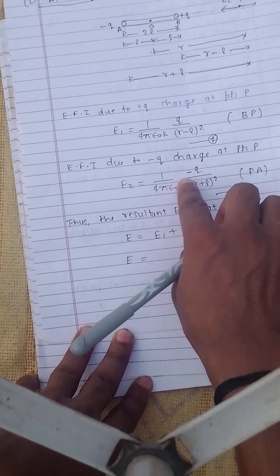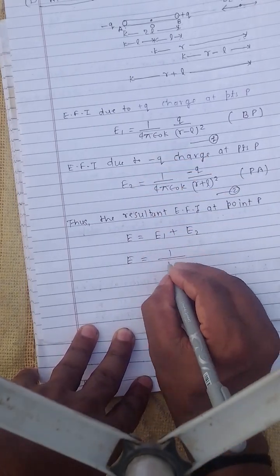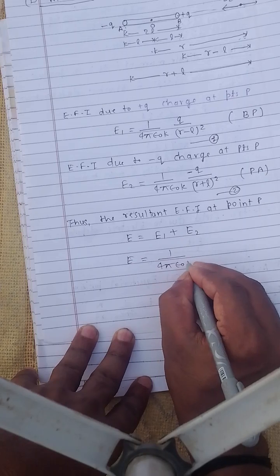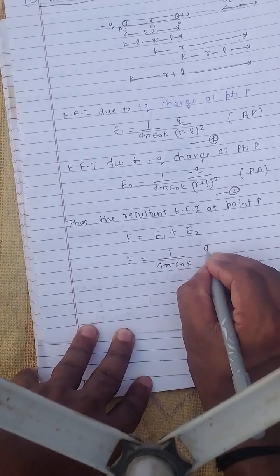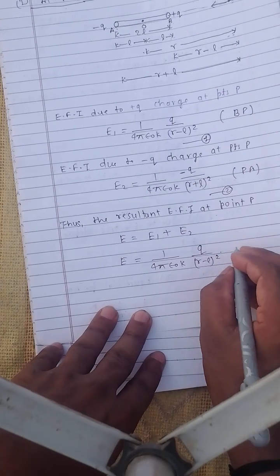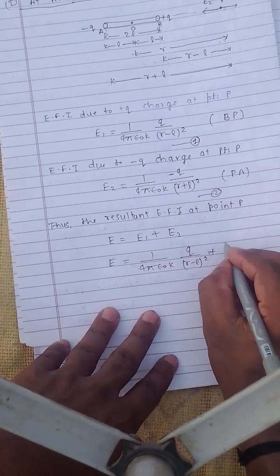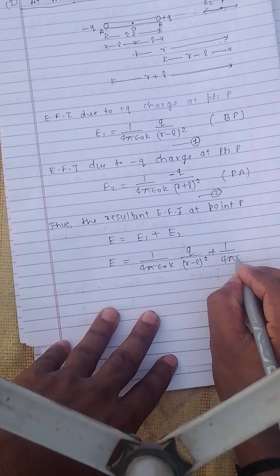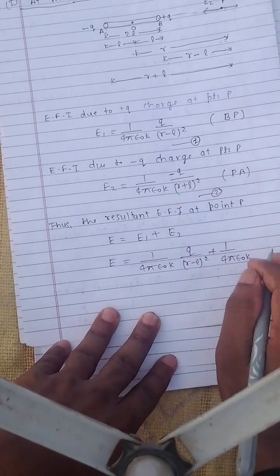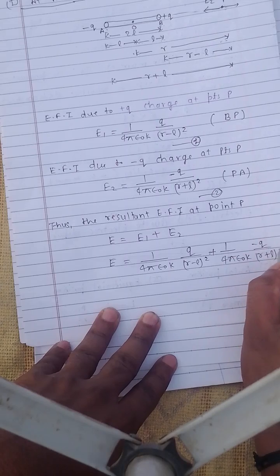Put the values of E1 and E2. E is equal to 1 upon 4 pi epsilon naught into K, q upon (r minus L) whole square, plus 1 upon 4 pi epsilon naught into K, minus q upon (r plus L) whole square.